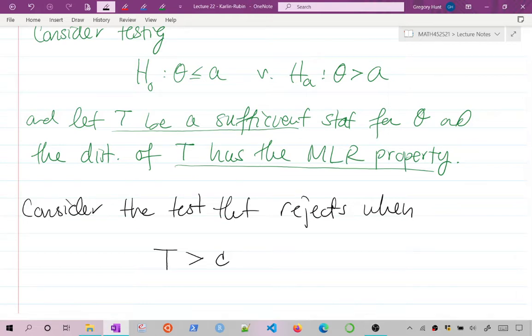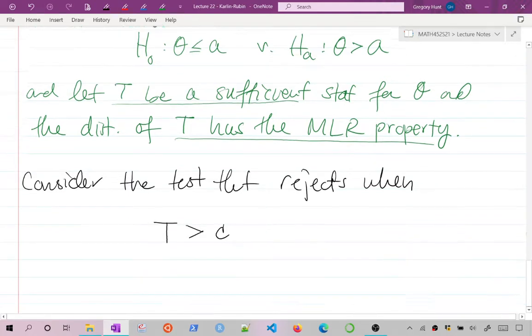We can make sure it's increasing by taking either T or negative T. And so we're going to assume it's increasing, which is why the MLR property is stated that way. And we're going to build the test so that if the sufficient statistic is large, we're going to reject the null because it's giving evidence of the alternative, and if it's small, it's giving evidence of the null.